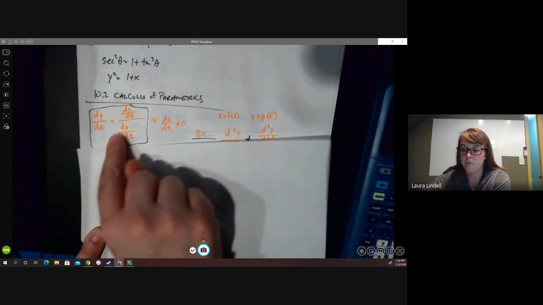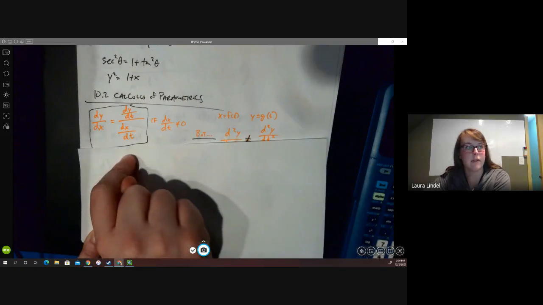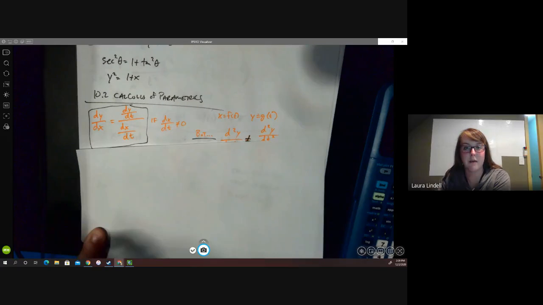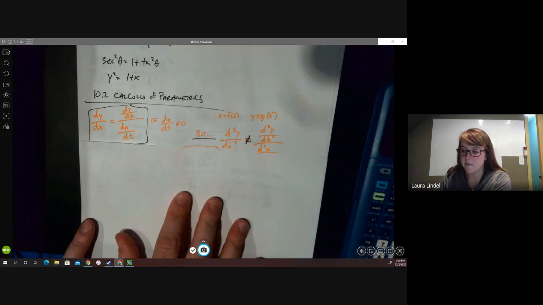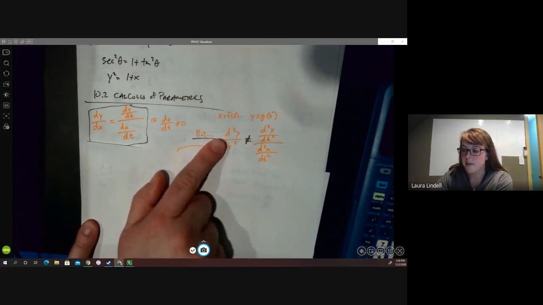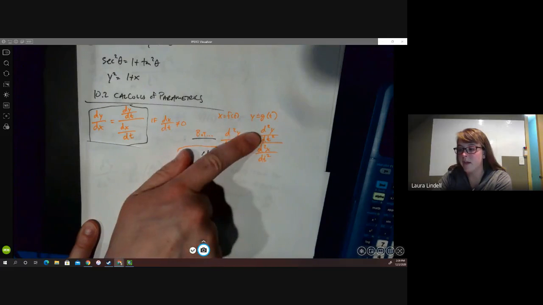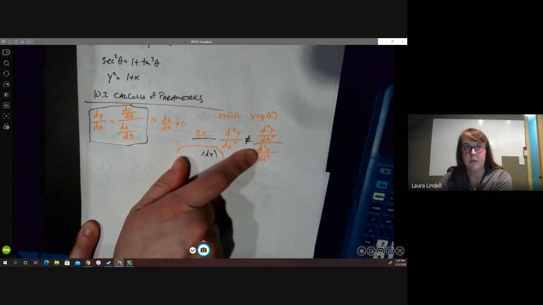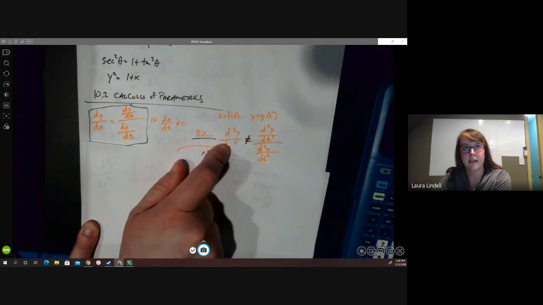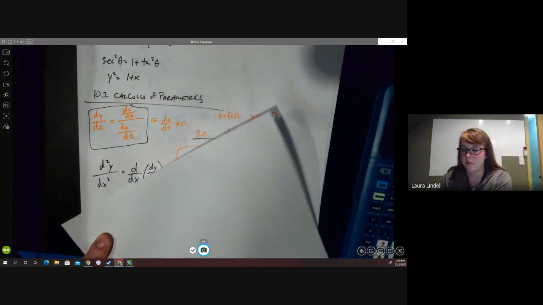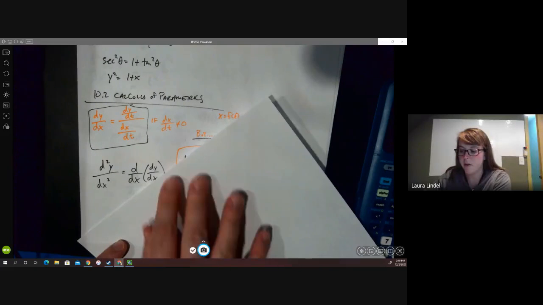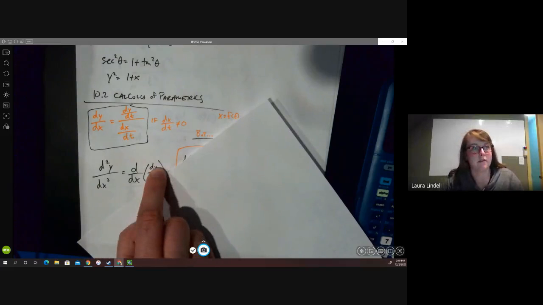Hopefully that one makes the most sense. The thing that doesn't quite make sense at first is that the second derivative is not the second derivative of y with respect to t over the second derivative of x with respect to t. That is not the case because the second derivative is the derivative with respect to x of dy dx.